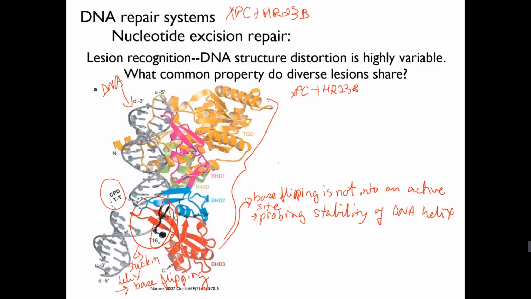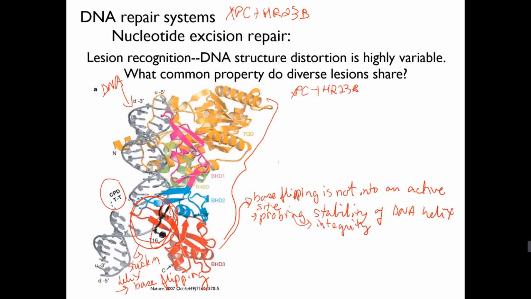Okay, and so the idea with XPC and HR23B is that this beta hairpin turn piece of protein basically probes the integrity of the DNA. Okay, so it's probing the stability or the integrity. So it's like walking along the DNA.